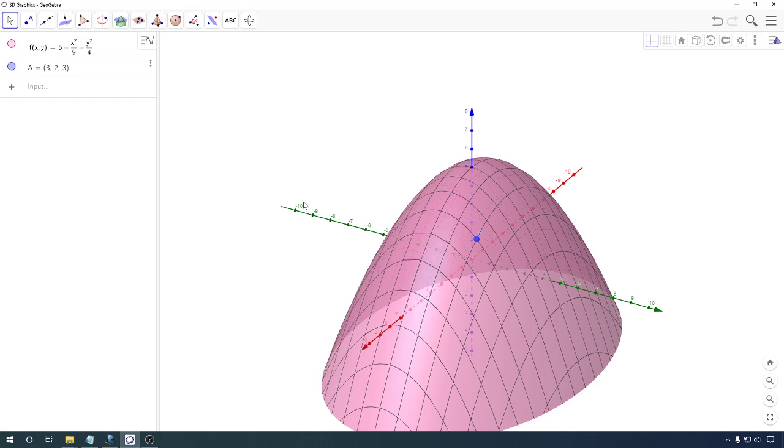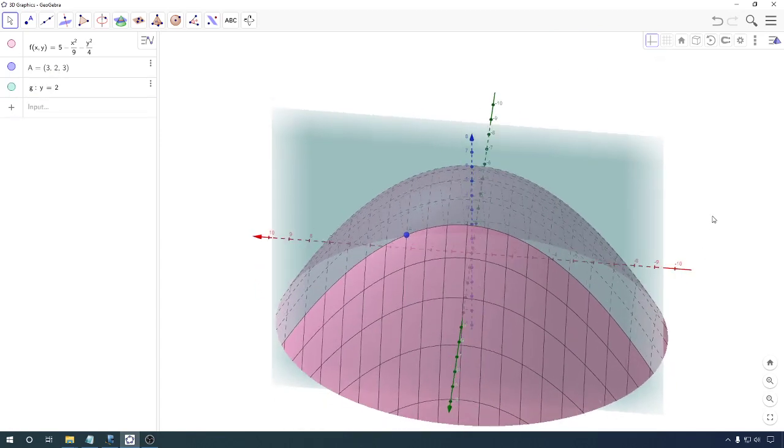So let's take a plane that is parallel to one of our coordinate planes. Specifically, since we know the x and y values of our point, we're going to be looking at this point here. Since the x value is 3 and the y value is 2, let's pick a plane that passes through this point, and let's just start off with y equals 2.